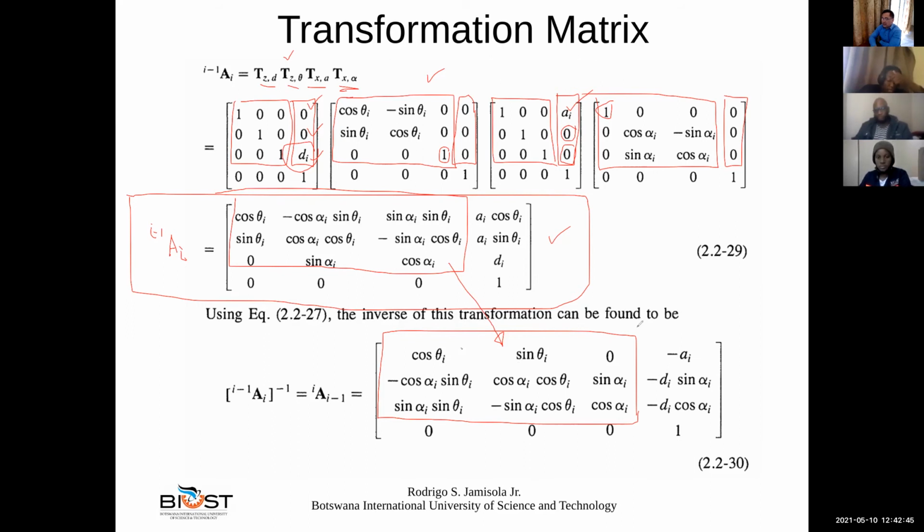And then this one, how did you take the inverse of this vector? With respect to frame i, sorry.